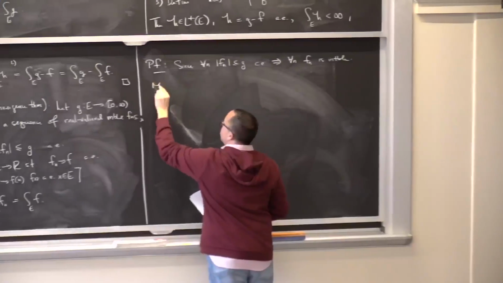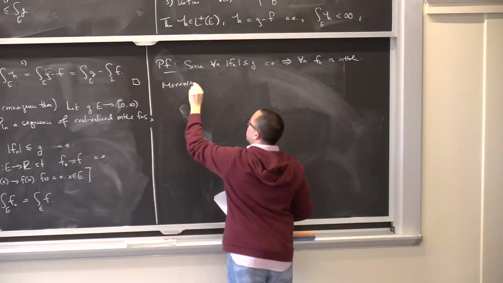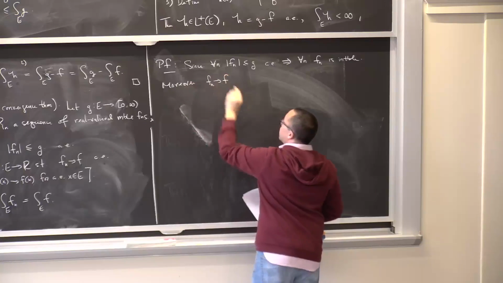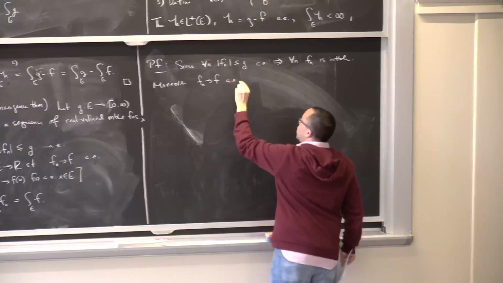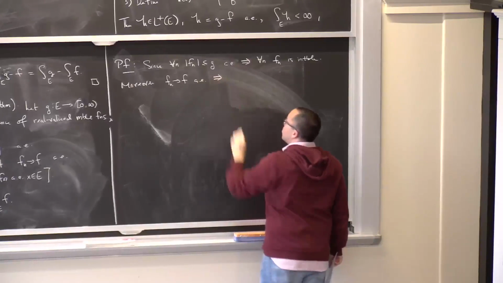So moreover, Fn converges to F almost everywhere implies a couple of things.